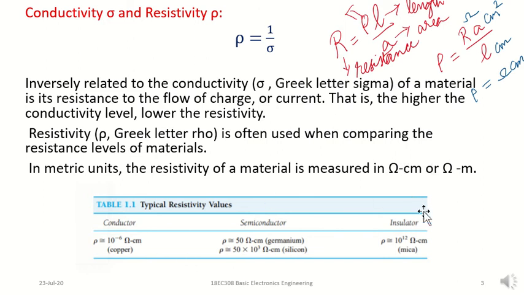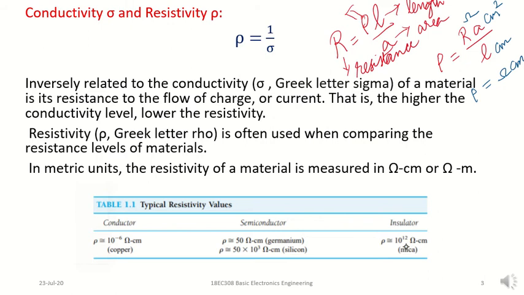Some typical values of the conductor, semiconductor, insulator are given. For copper, if you observe the resistivity, it is 10 power minus 6 ohm centimeter. For semiconductor germanium, it is 50 ohm centimeter. For silicon, it is 50 into 10 power 3 ohm centimeter. For insulator, the resistivity is 10 power 12.